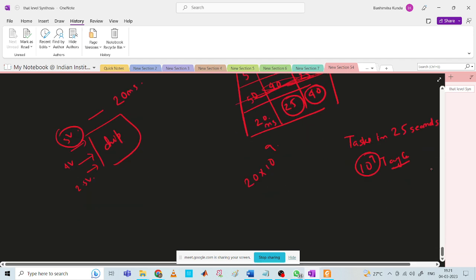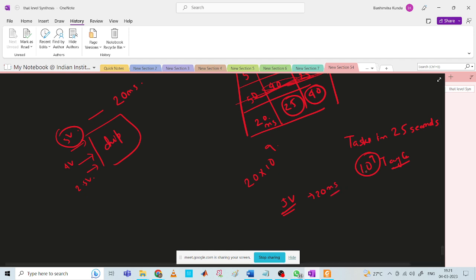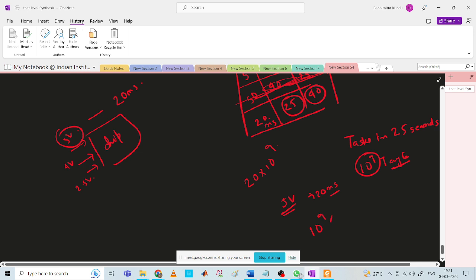When we run at 5 volts, the clock period can be 20 nanoseconds, right? So your task will have 10 to the power 9 into 20 nanoseconds, so it will be 20 seconds.